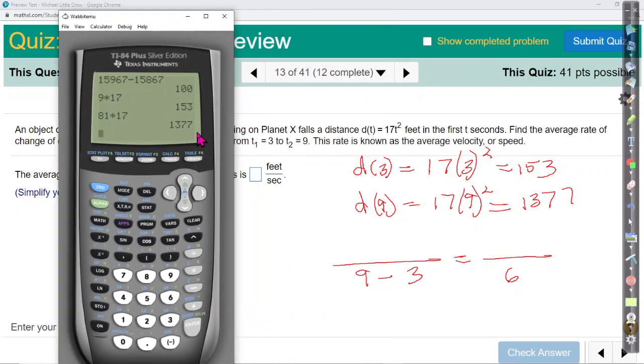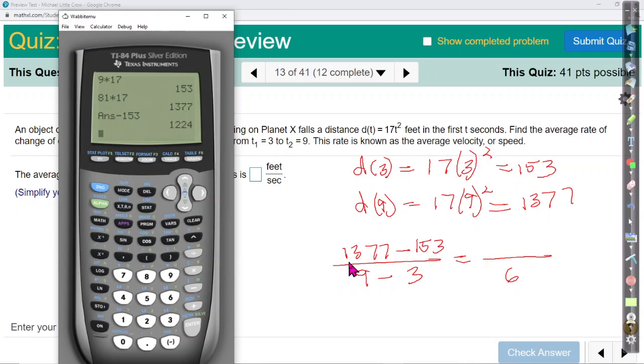Again, while we're here, we know we can subtract the two, so I can take 1377 minus 153. So that takes that answer, subtracts that.